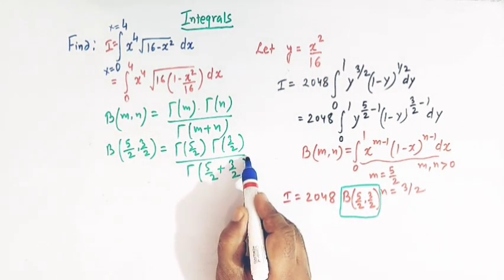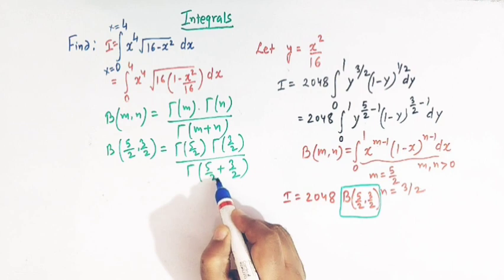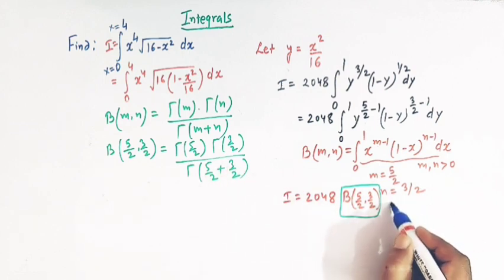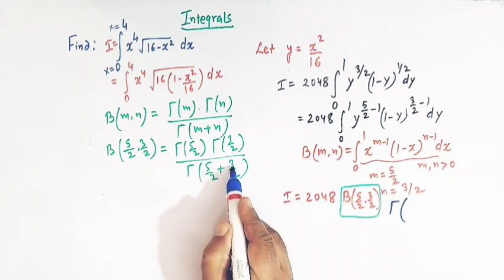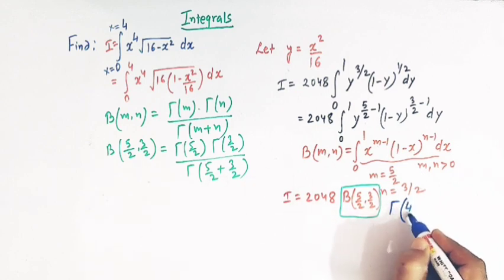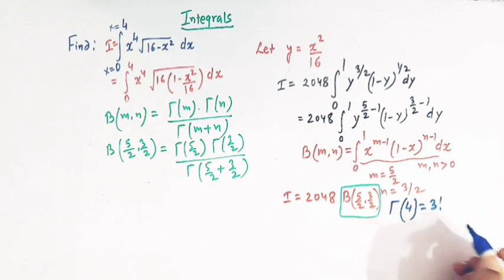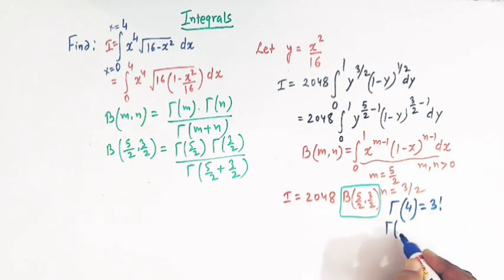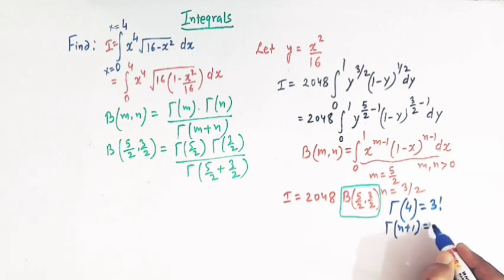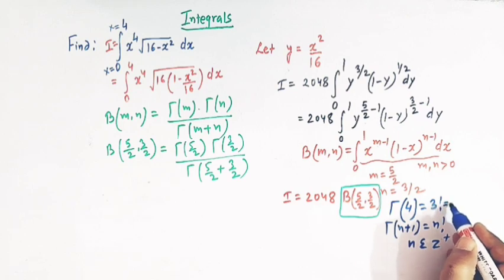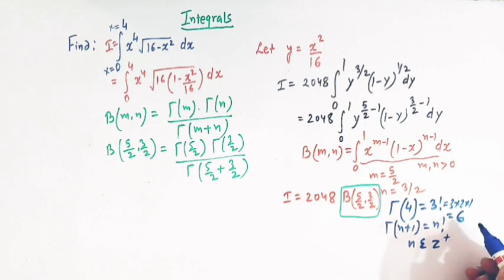Now see, in the denominator we have gamma of 5 by 2 plus 3 by 2, so this is 5 plus 3, 8 over 2, that is gamma of 4, and gamma of 4 can be written as 3 factorial, right? Because we know that gamma n plus 1 is equal to n factorial, where n belongs to some positive integer, right? So here we have 3 factorial. 3 factorial is 3 times 2 times 1, that is equal to 6, right?